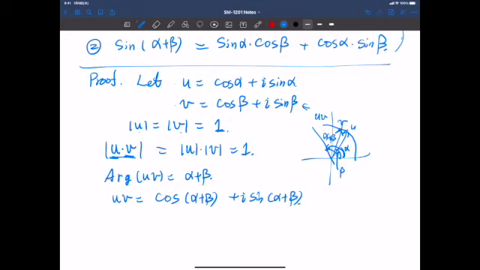Okay, so that means uv has as its real part cosine alpha plus beta, and I sine alpha plus beta. On the other hand, u is this and v is this, so we just multiply both. So this is equal to cosine alpha plus I sine alpha times cosine beta plus I sine beta.